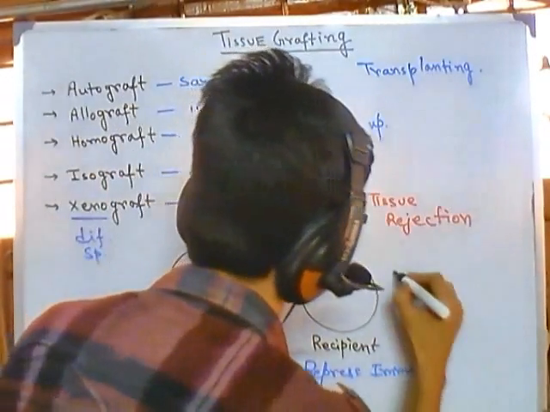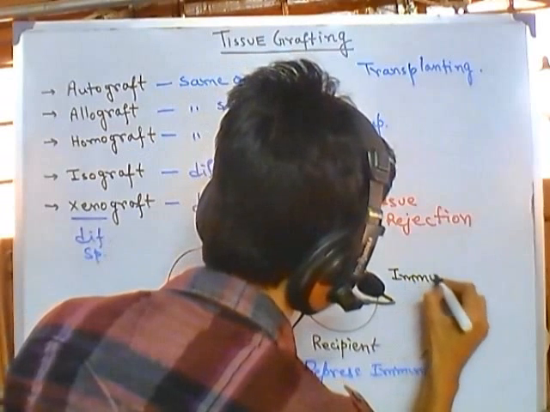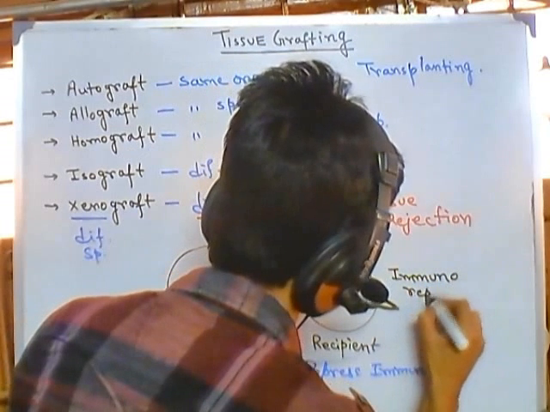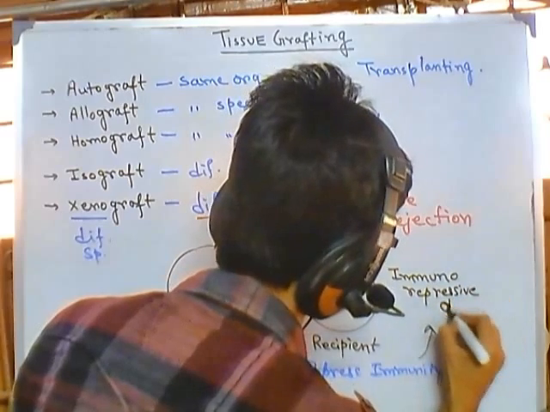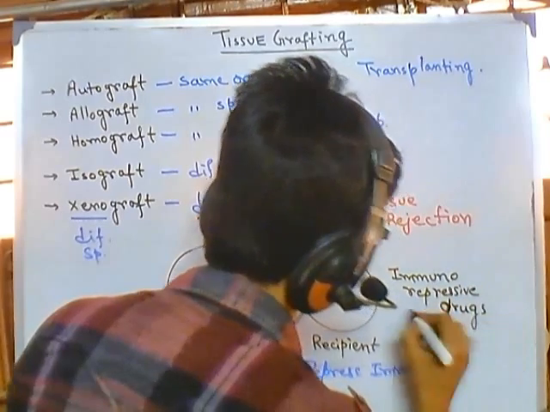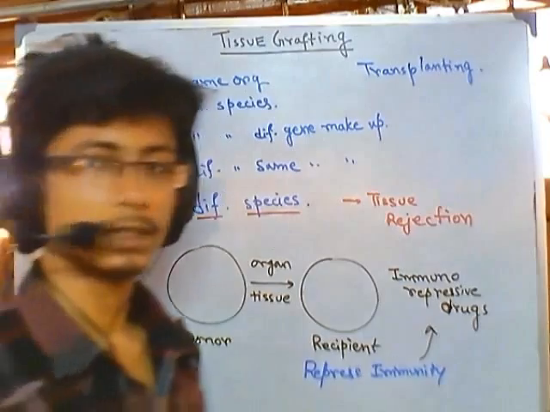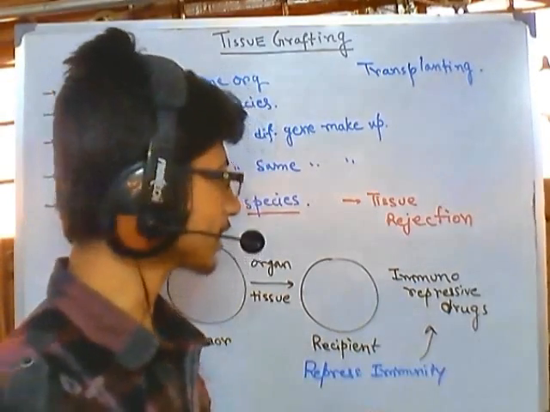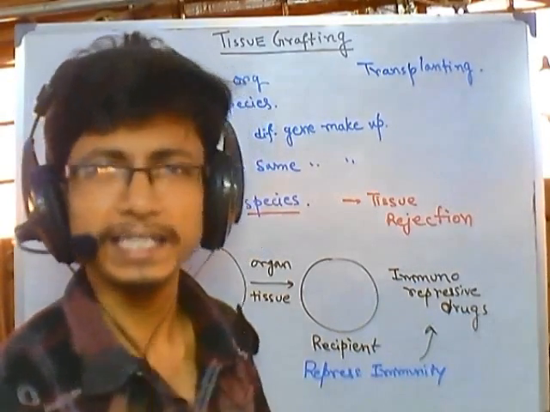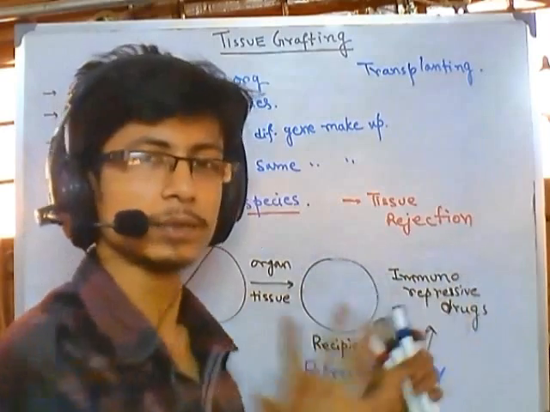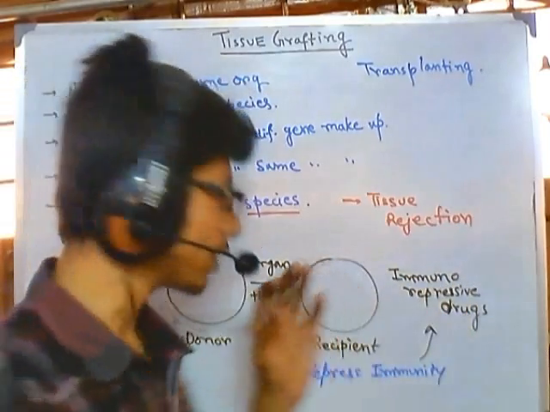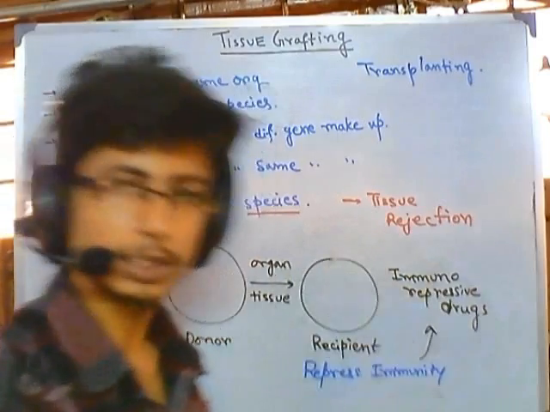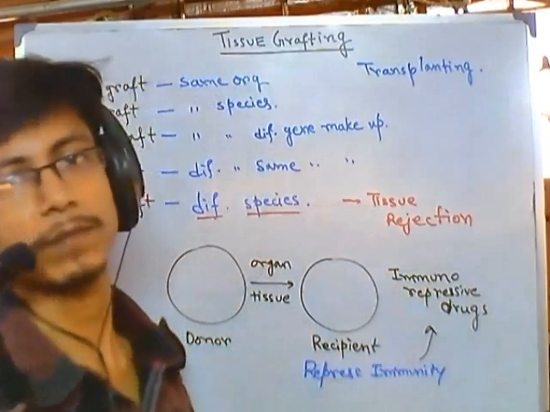Let me write, it is called immunosuppressive drugs. Normally these kinds of drugs are antigenic type molecules, alkylating agents. These act as immunosuppressive drugs. Those molecules are required to mask or to repress the immune system to a further extent.